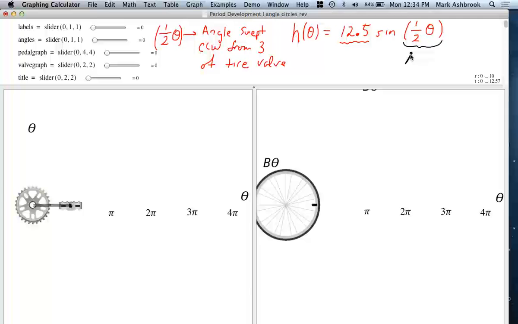That's the argument. What interval of angle does the argument need to go through so that sine gives us one full cycle? 2 pi. When that argument reaches 2 pi, our h will give us a full cycle of output values. That's what gives us the period of h in terms of the input theta. 2 pi over 1/2 is 4 pi.